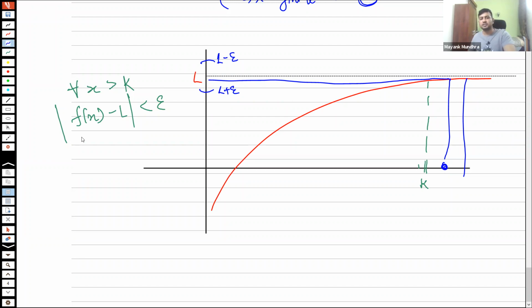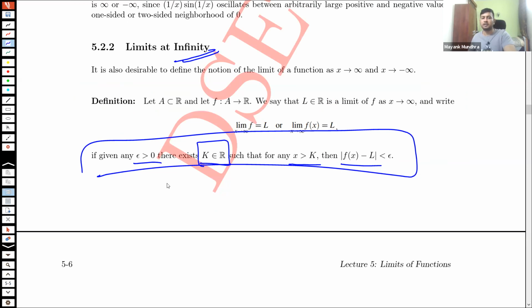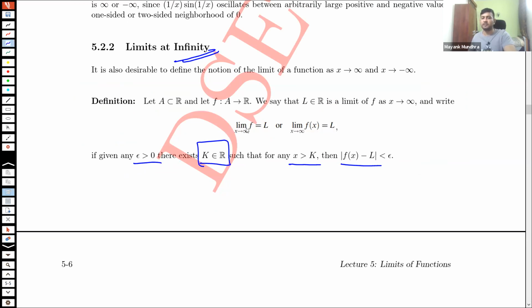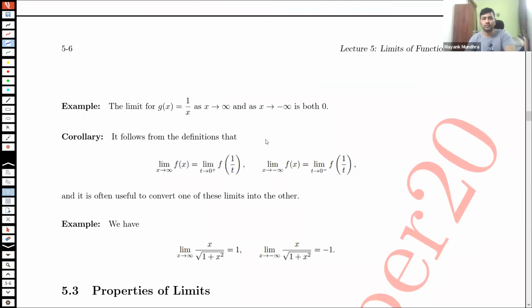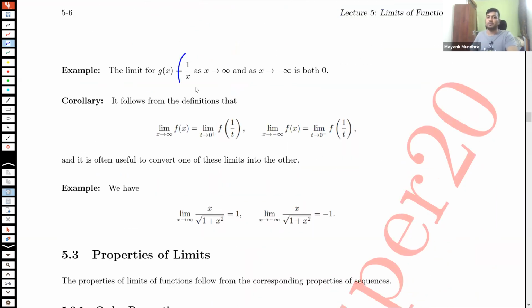Okay, so this is basically saying that for all x values coming after K, the functional value should be mapped in this region. That is the definition of limit x tending to infinity f of x equals L. Okay. So we looked at 1 by x.